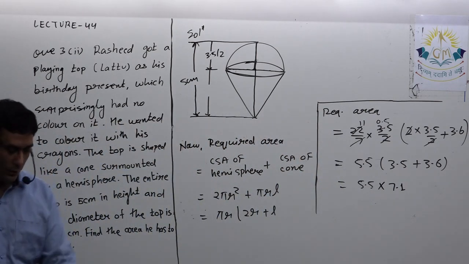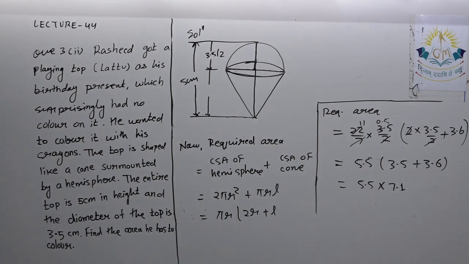So please note it down as well as calculate this last step, that is 5.5 into 7.1.